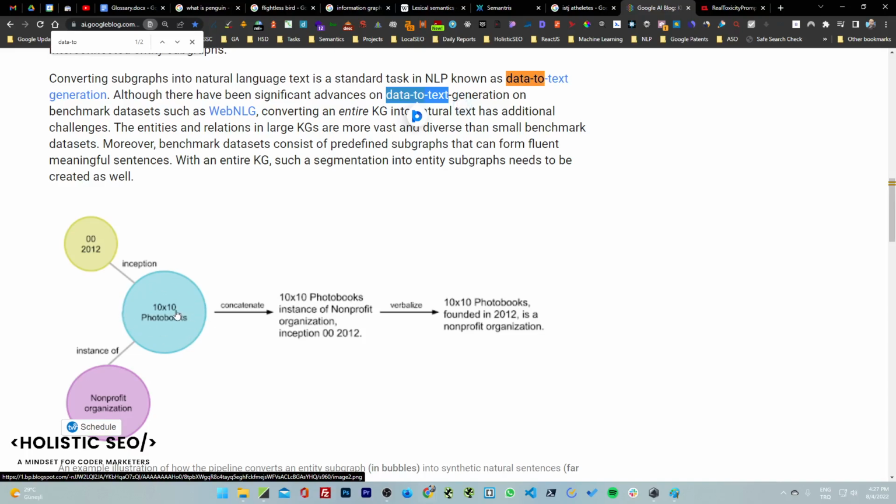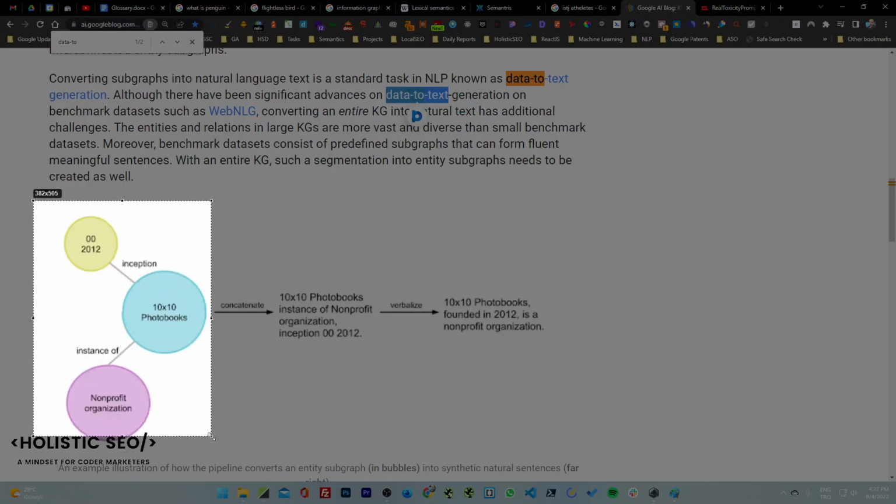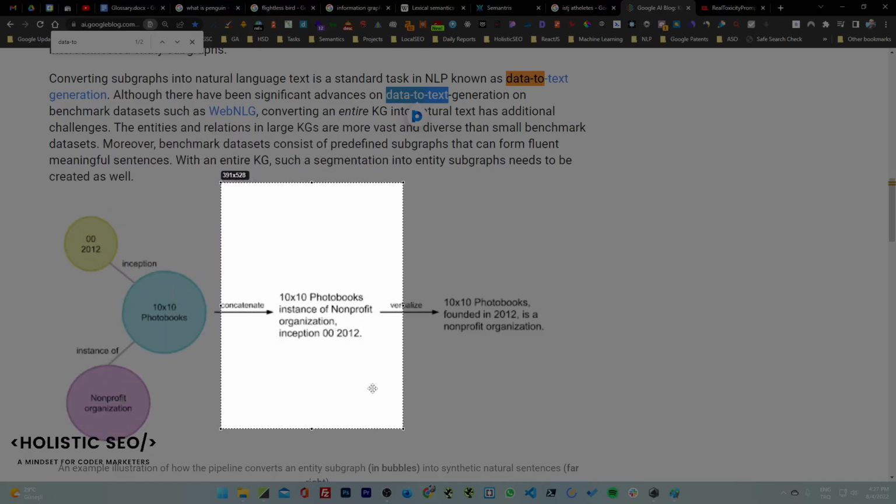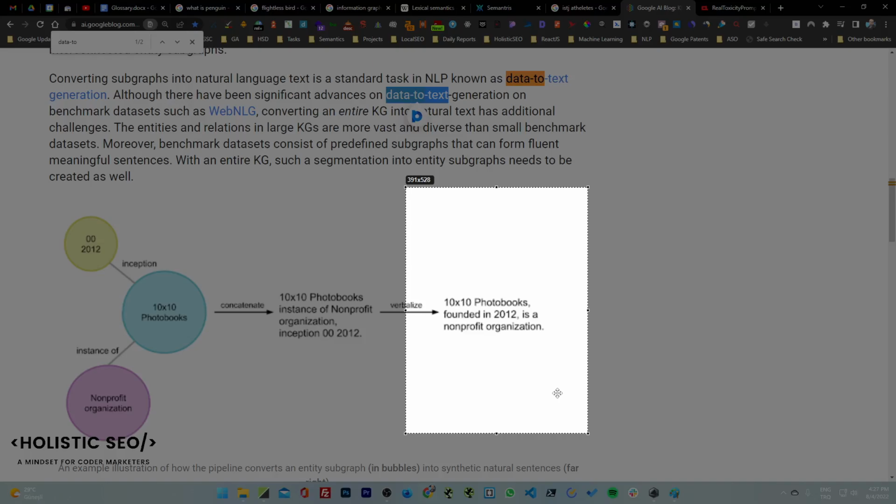We have a company called 10x10 Photobook, and this is its inception. These are the relation types, and this is the type of the organization, which is a non-profit organization. If I tell you to create a text from these relations, first it will be something like this, then it will be verbalized like this: 10x10 Photobooks, founded in 2012, is a non-profit organization.